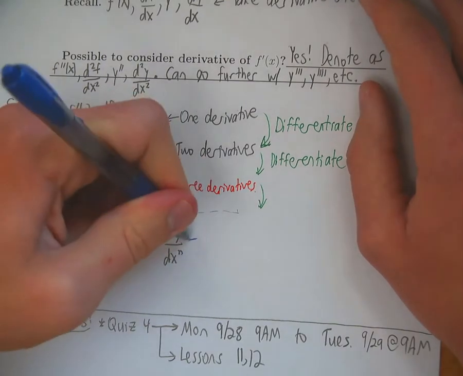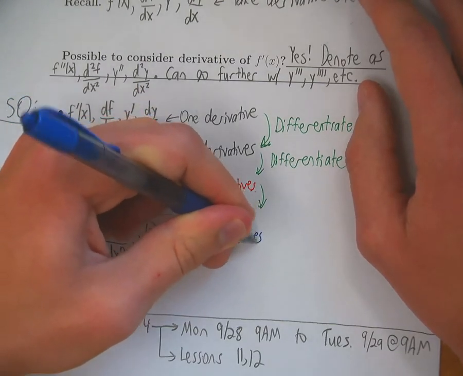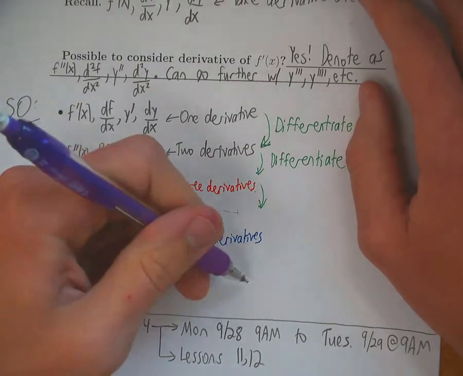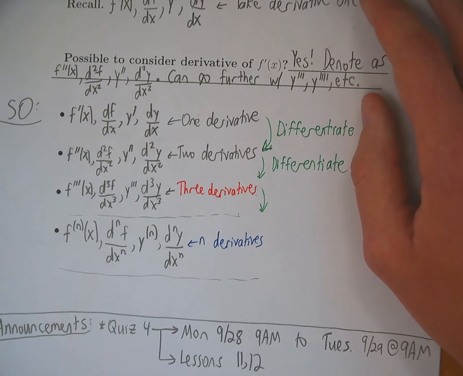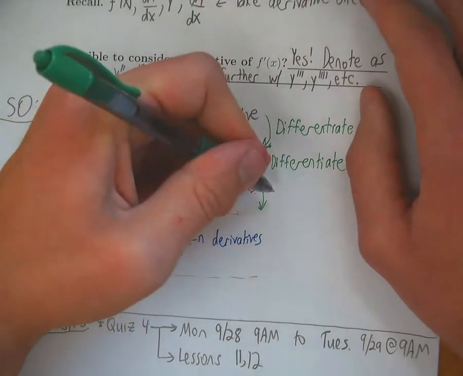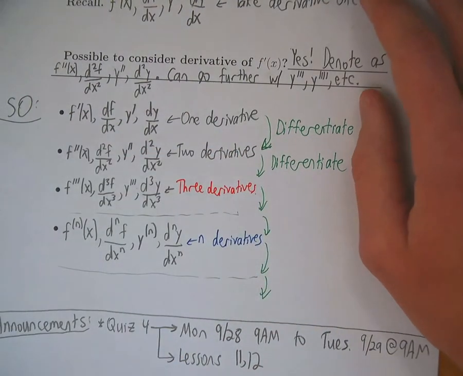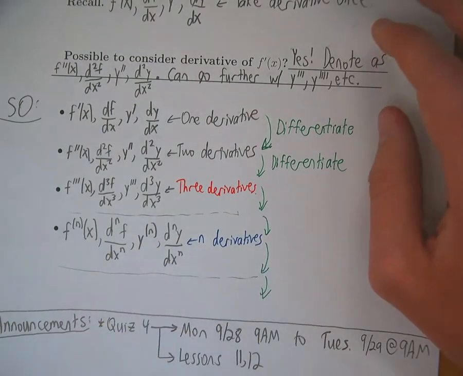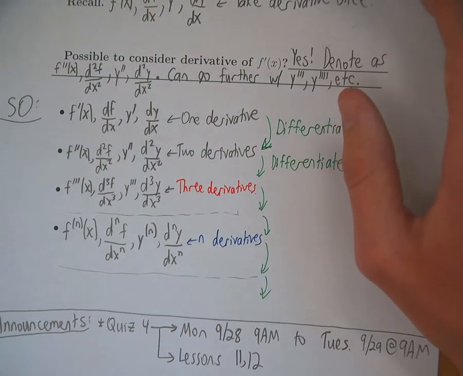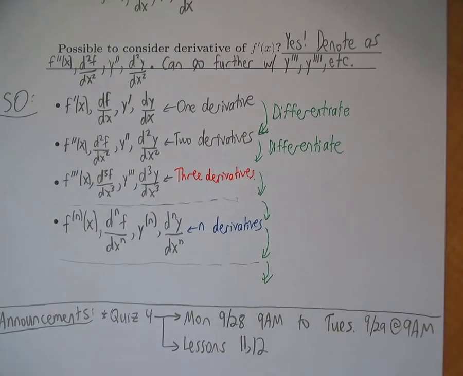And that would be n derivatives. And then you can keep going indefinitely provided your function allows you to do so. The green arrows here just indicate you can keep differentiating as many times as you want, provided your function will let you do that. But the nice thing is that in this class, you usually are allowed to differentiate the function as many times as you want to.